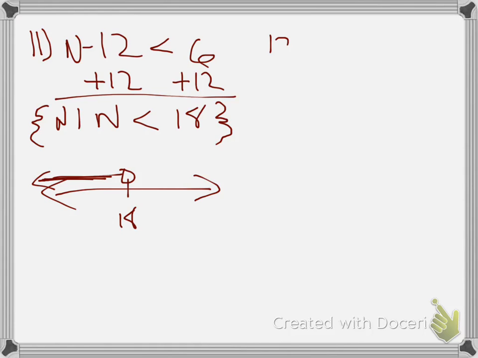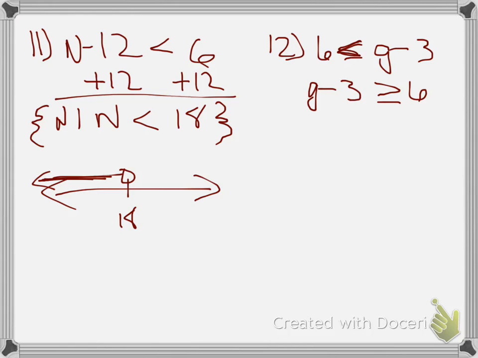Look at number 12. I've got 6 less than or equal to g minus 3. This is a problem where I would recommend switching things first. G minus 3, 6. But notice how this points to the 6. I'm still going to keep it pointing to the 6.